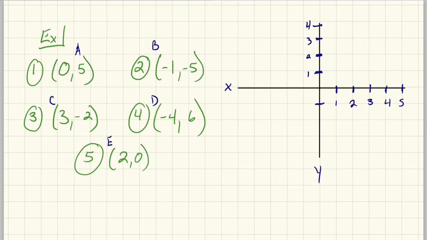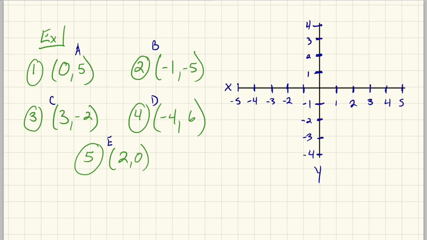And down, we do that as well. And to the left, -2, -3, -4. That's -5. All right, so now that we've created our coordinate plane, we do this first every time. We make sure we get those numbers in there.